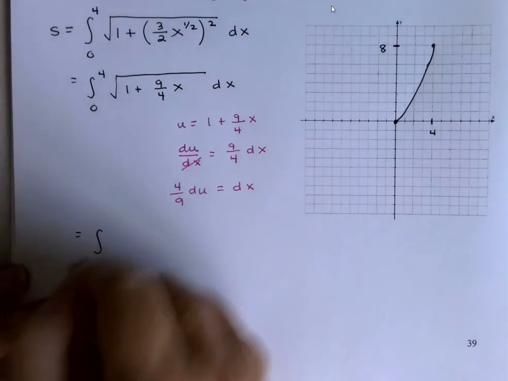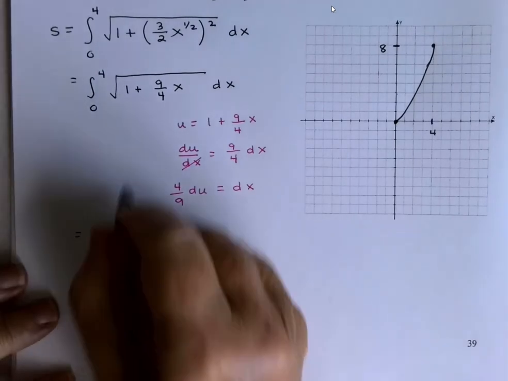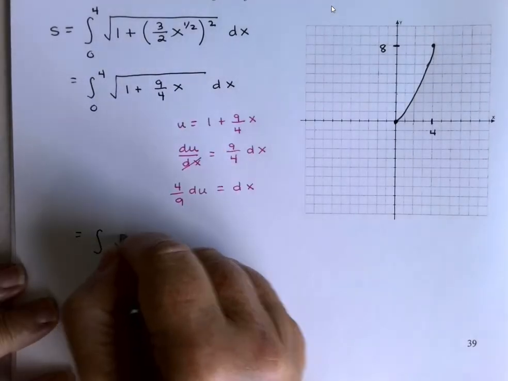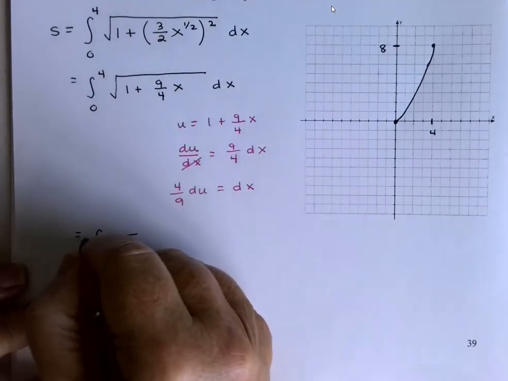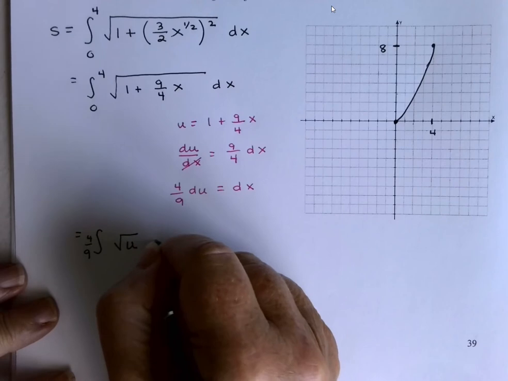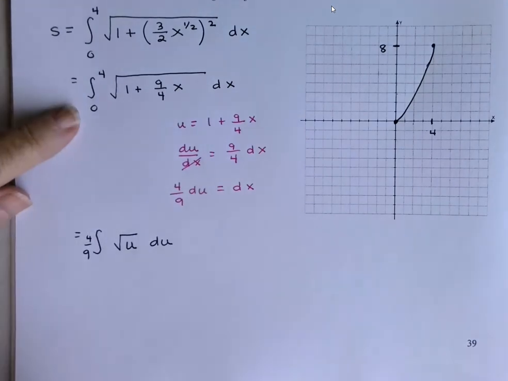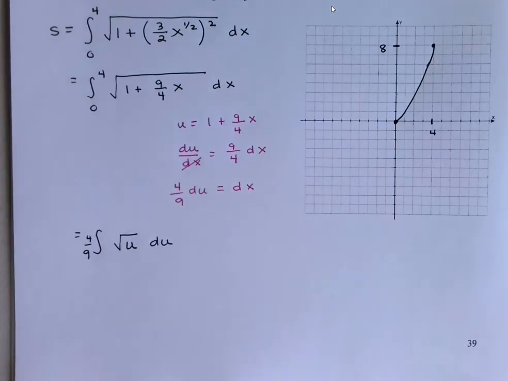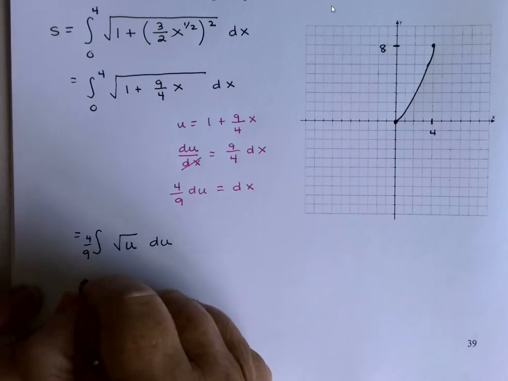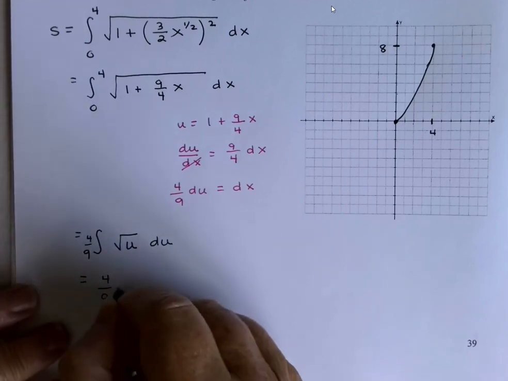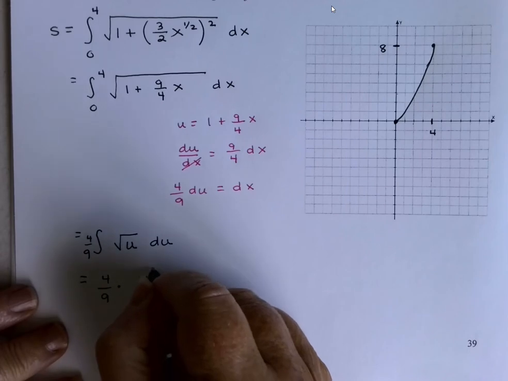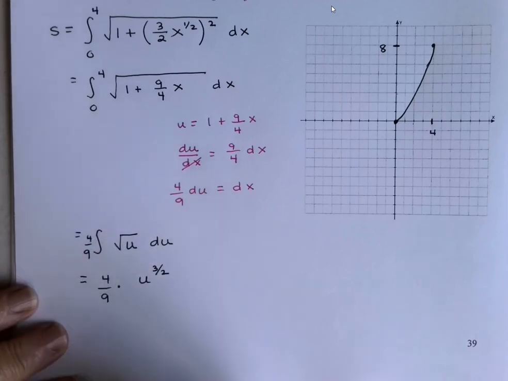So my integral becomes the square root of u, and then I'll replace the dx with the 4/9 du. The 0 and the 4 are x values, not u values, so I won't put them in right now. That's u to the 1/2, so when I integrate, I'll get u to the 3/2.